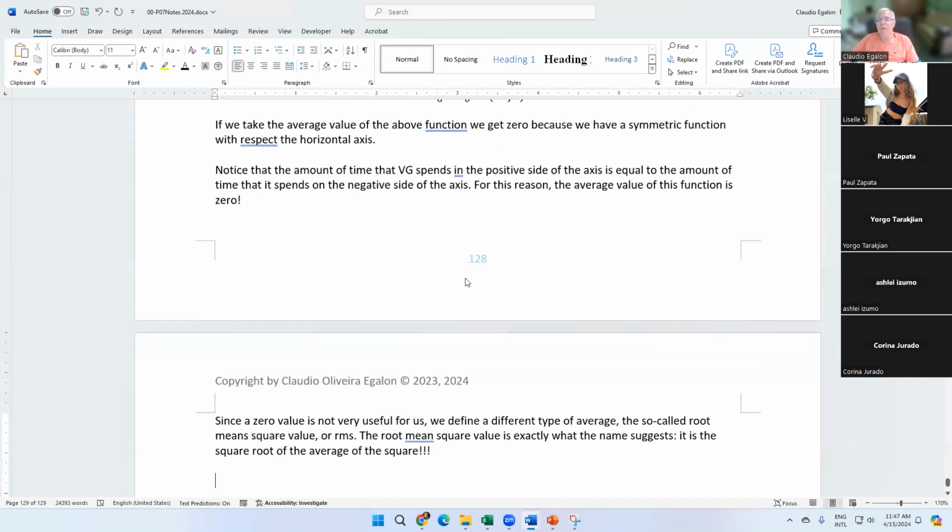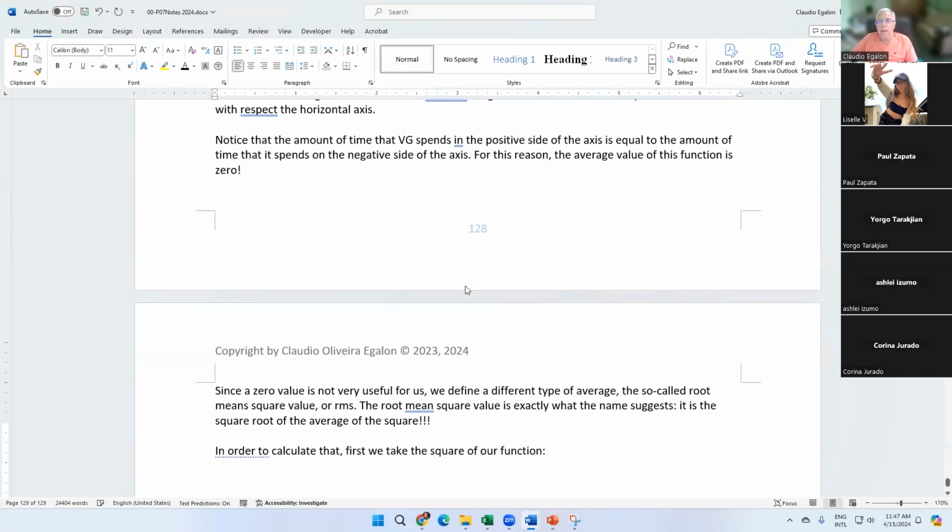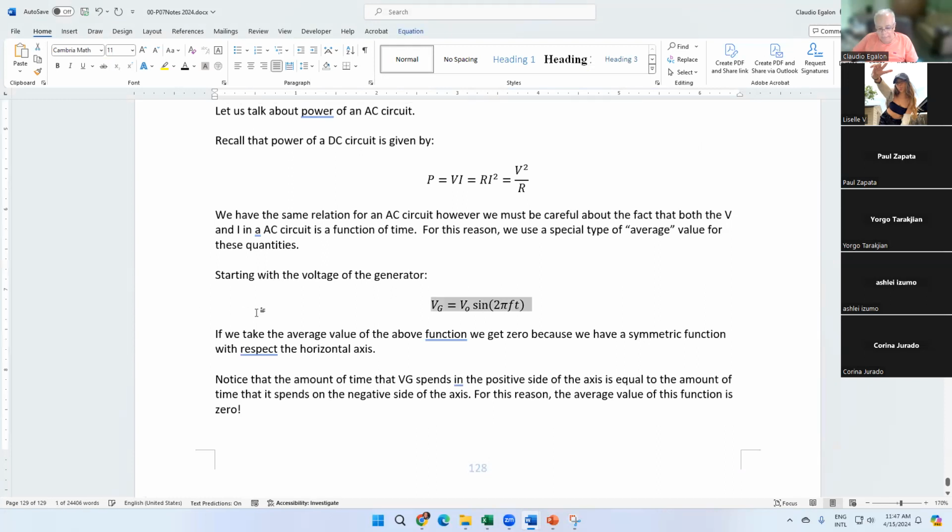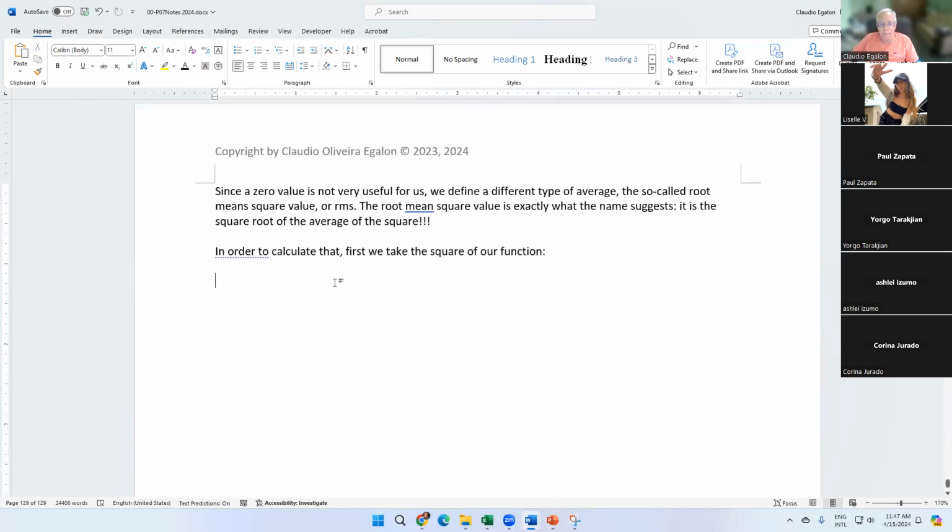So in order to calculate that, first we take the square of our function. And now when we take the square of our function, what happens? Everything here becomes positive everywhere, right?